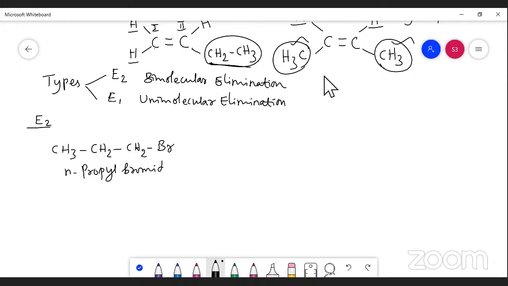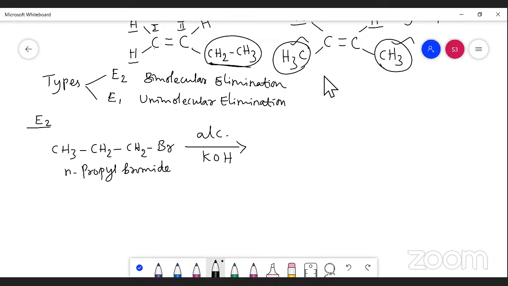N represents what? The compound is straight chain. N-propyl bromide. Okay. Now, this haloalkane is going to react with potassium hydroxide. Potassium hydroxide.